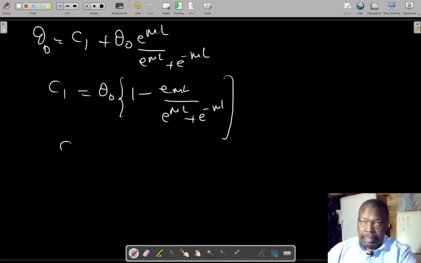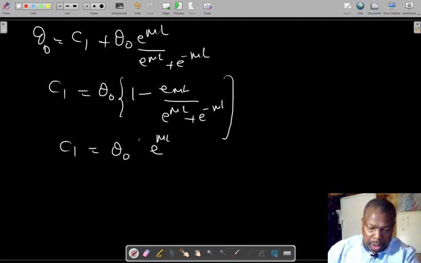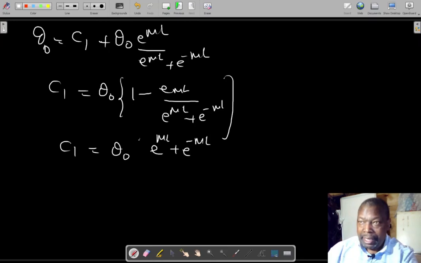So C1 is equal to theta naught times (e^(mL) plus e^(-mL) minus e^(mL)) all over (e^(mL) plus e^(-mL)).